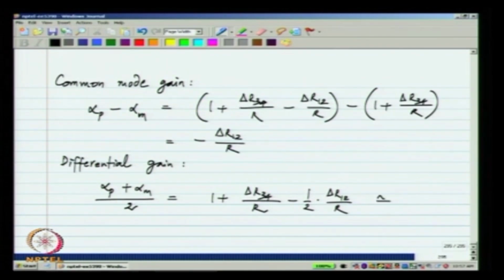So, we will ignore the inaccuracy in the differential gain and say that this is approximately equal to 1. So, the common mode rejection ratio is nothing but 1 divided by that one. So, we will simply work with the common mode gain.